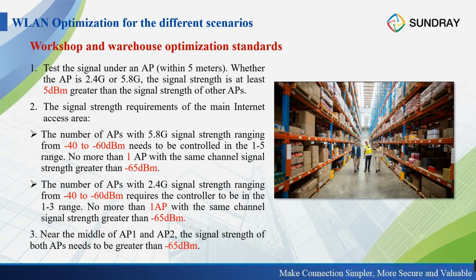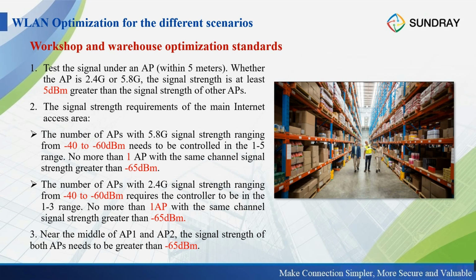And for the workshop and warehouse scenario, under the AP, the signal strength is stronger than the others by 5 dB, and also no more than one co-channel AP. Between AP1 and AP2, the signal strength of both APs should be greater than negative 65 dB.